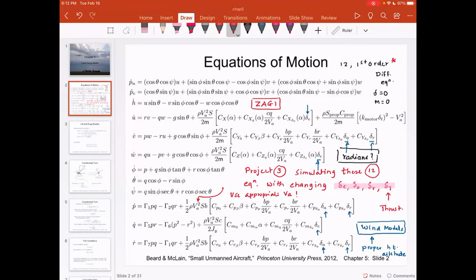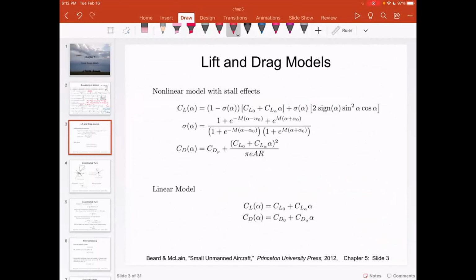So let's start with a very simple approximation for the lift and drag models. We looked at a nonlinear lift model and the associated drag model. We noticed that the lift is linear in a certain region, and then at the stall, when the angle of attack exceeds a certain critical value, the lift drops down.